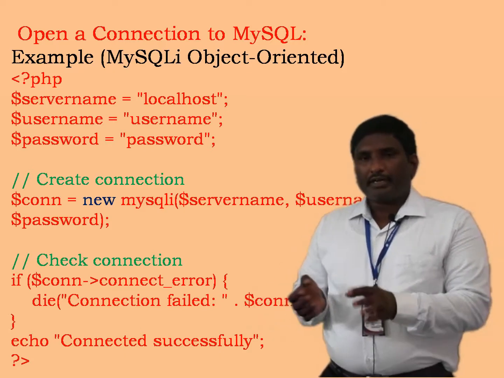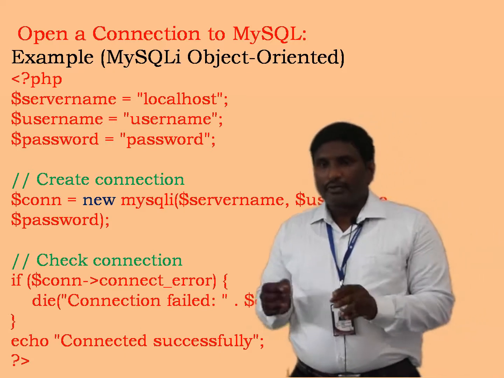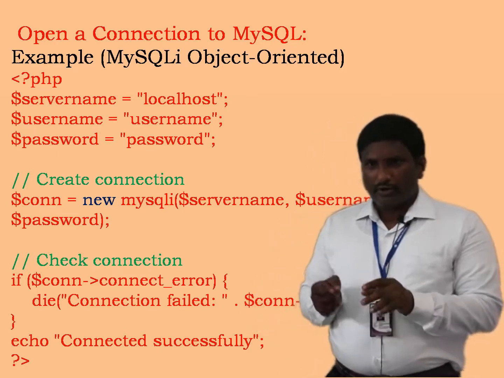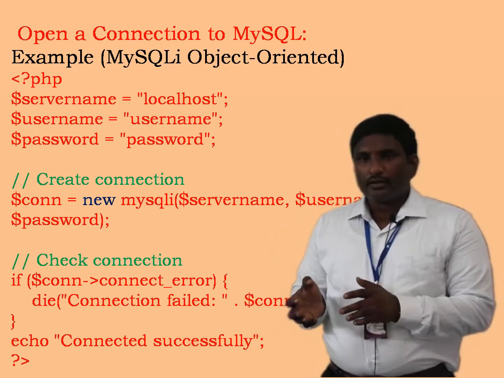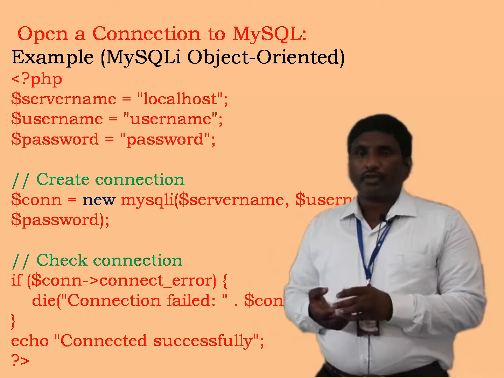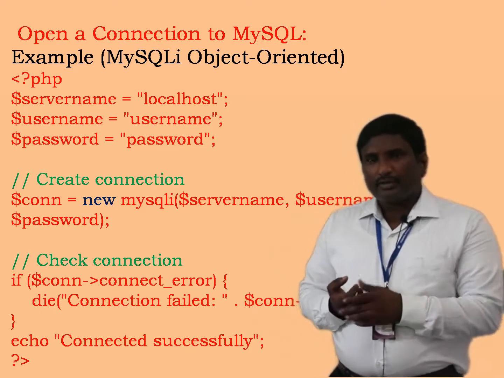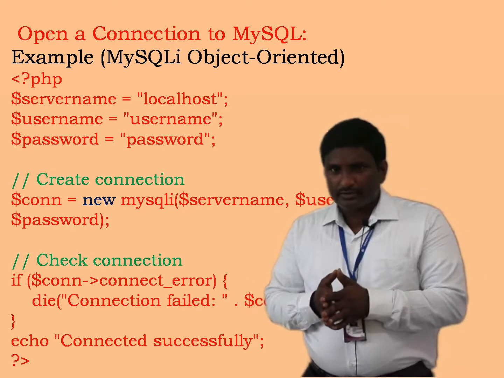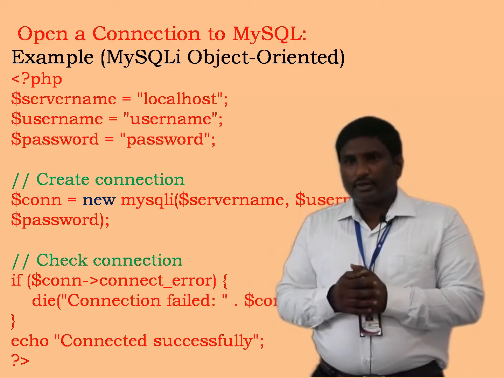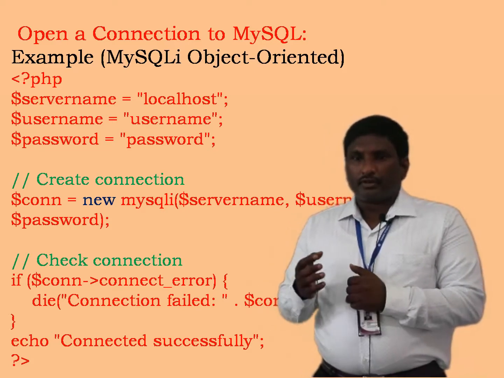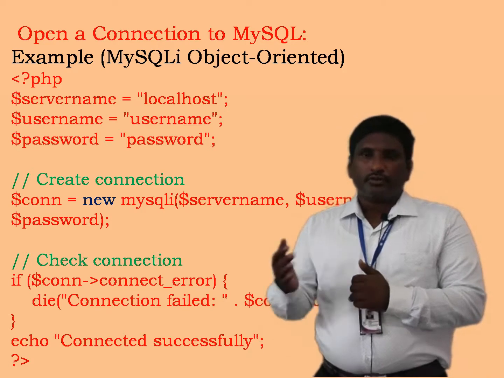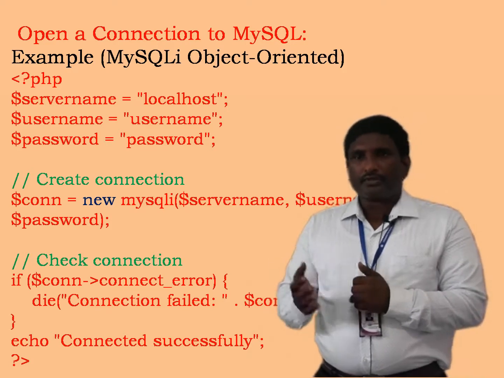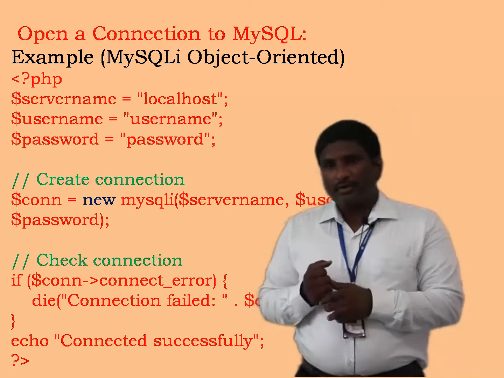And for the password, by default the password is null. Without any argument, just passing a null string, we can log in. So in this example I have created variables in order to connect with MySQL: server name is localhost, username is root, password is empty, passing 3 arguments.